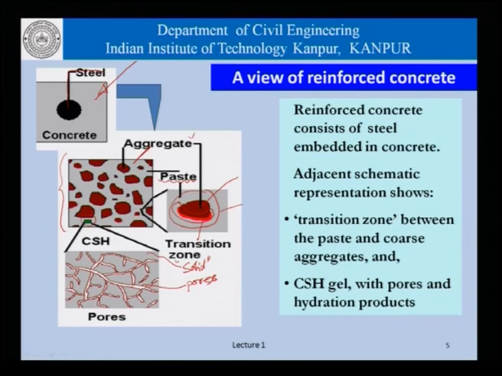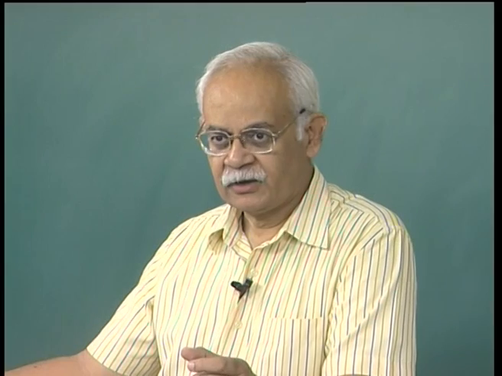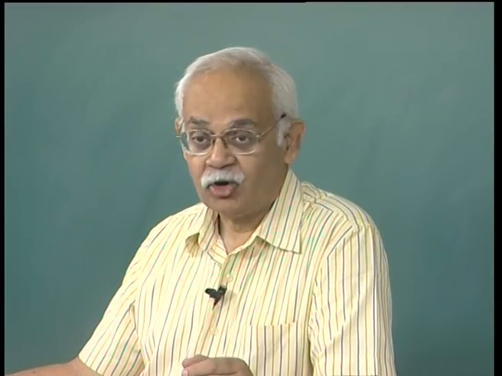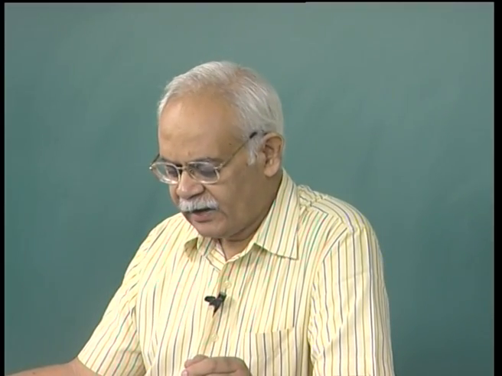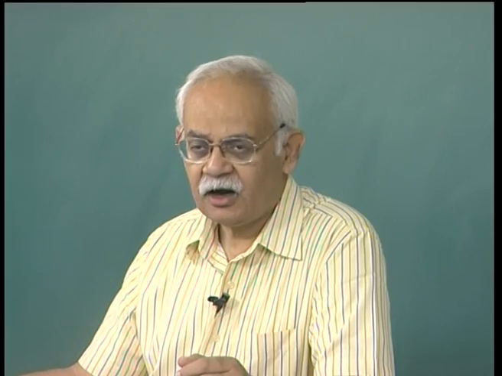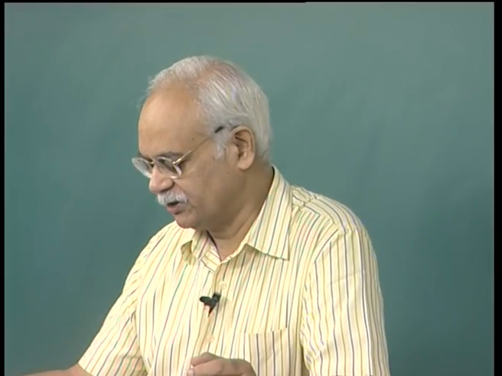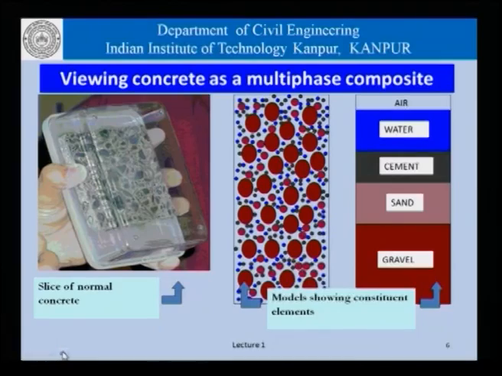So this pore structure, now we will try to understand what is the genesis of these pores. We will try to understand what's the importance of these pores and how we try to control the amount of pores and so on, how do we measure the pores, and then try to understand how the concrete behaves as a material.